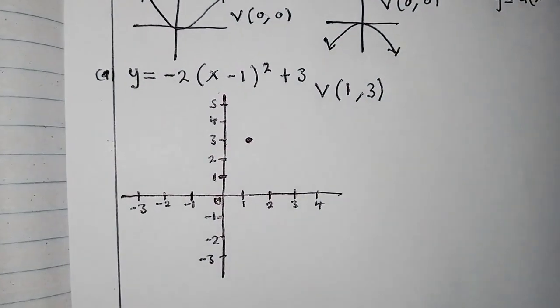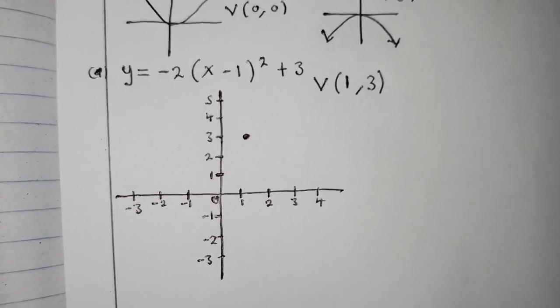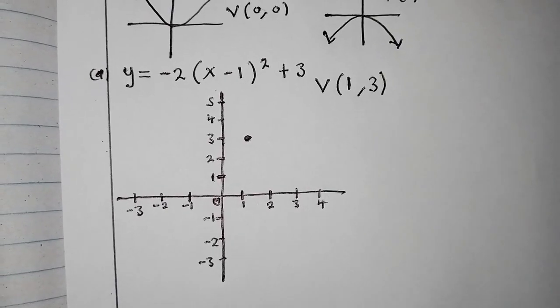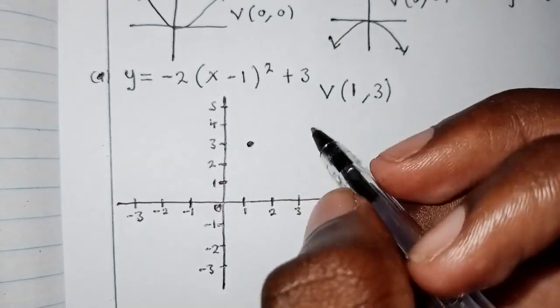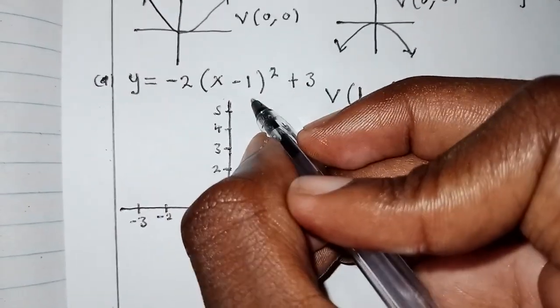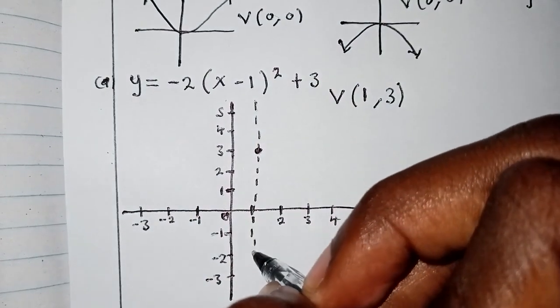The vertex is simply the point where the graph is going to bend from, to turn from. From here, we've put our vertex and we've discovered that it is just here. This is our vertex.